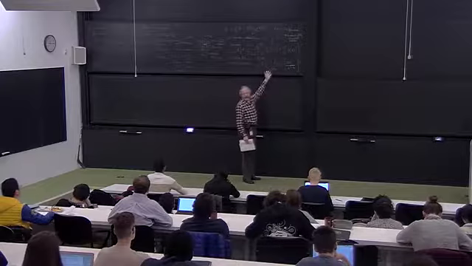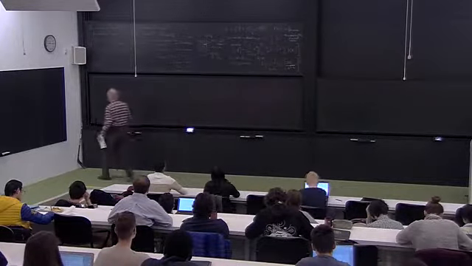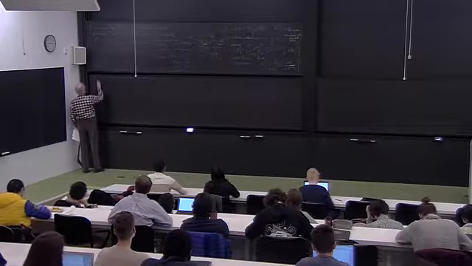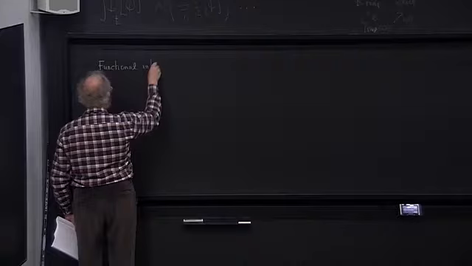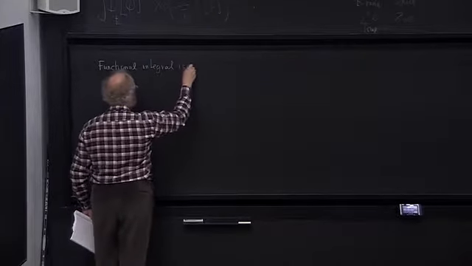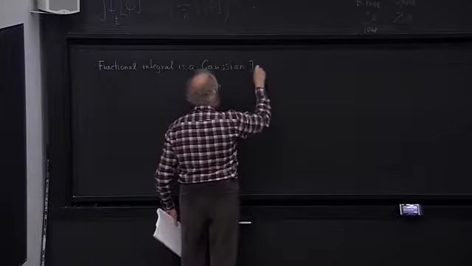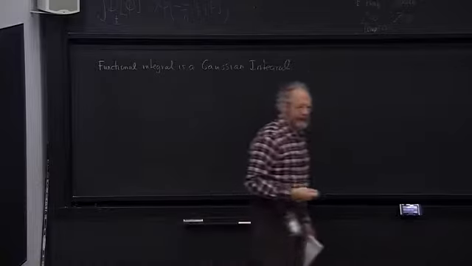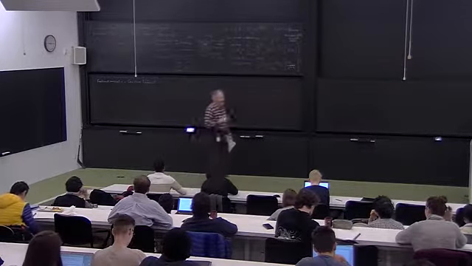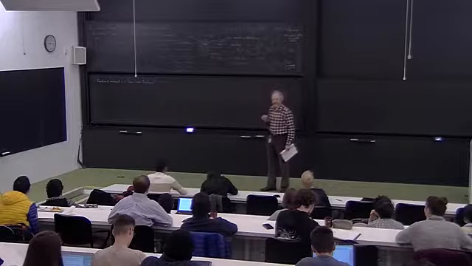So this is a finite integral, and it is a Gaussian integral. So the functional integral in this case is a Gaussian integral, which makes calculation in this path integral or functional integral formalism easy for the free field.